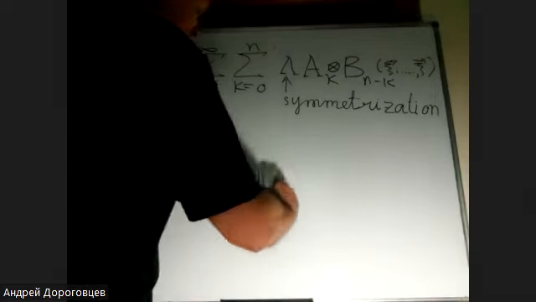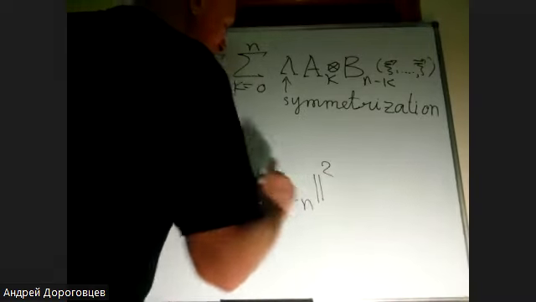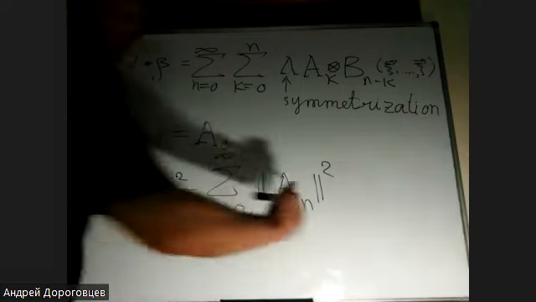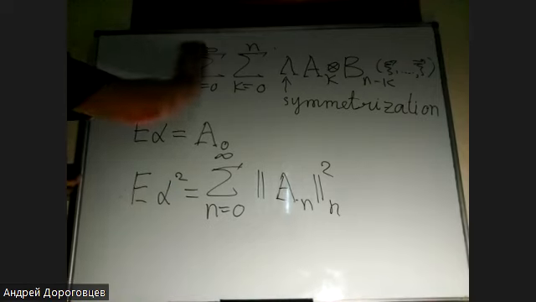Here is norm an square, but special norm. I will say here n, and let me write this norm more precisely because it is important for future consideration. This is a Hilbert-Schmidt norm of this form.